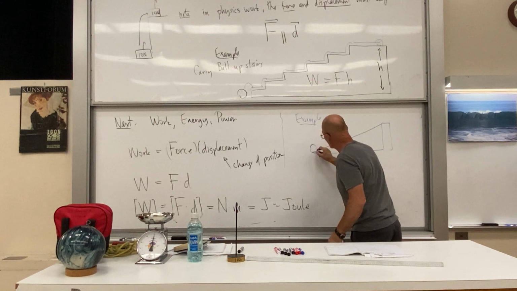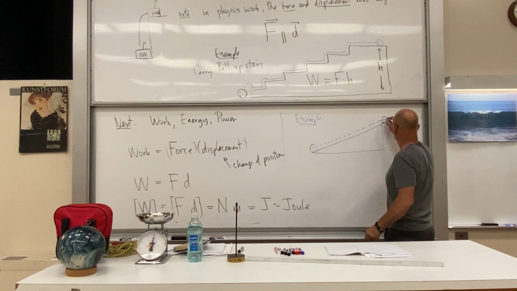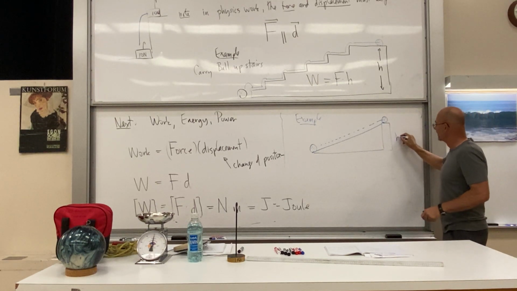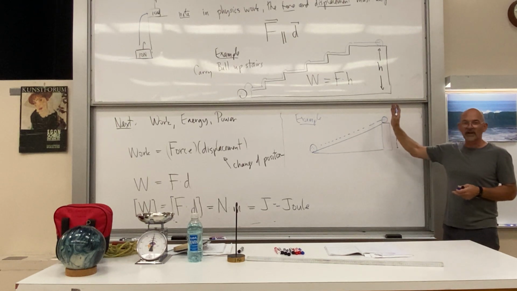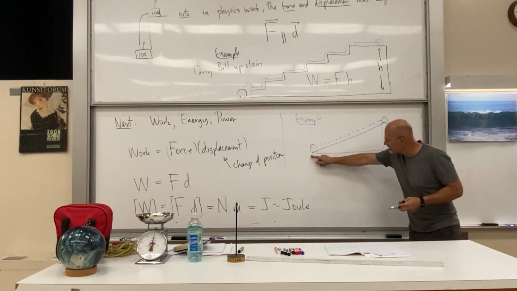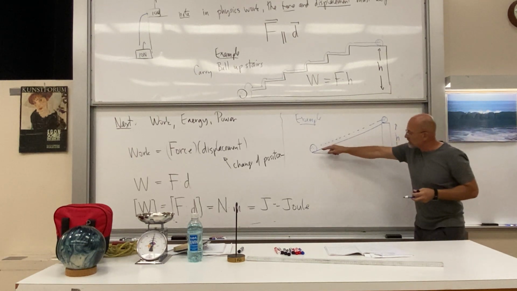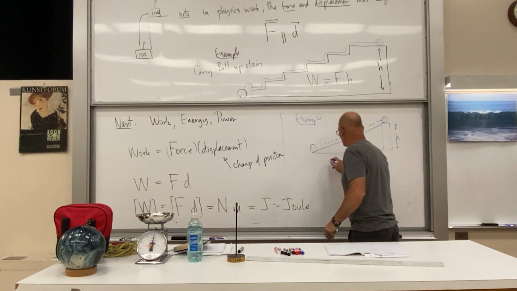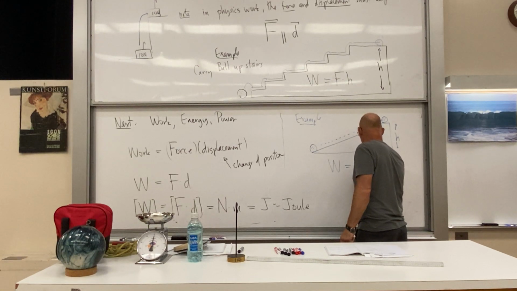If I roll the ball up the stairs, and I end up right here, then again, the forward direction didn't matter, it was the vertical. I could have rolled it effortlessly at the bottom and lifted it up all at once, or I could push it up the stairs right there. So again, work is equal to FH.